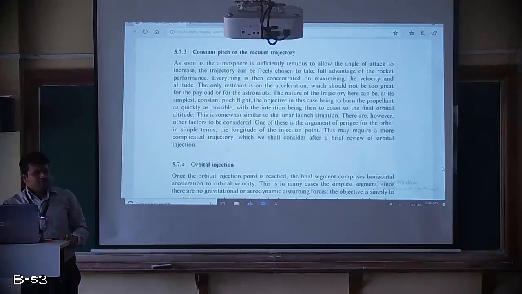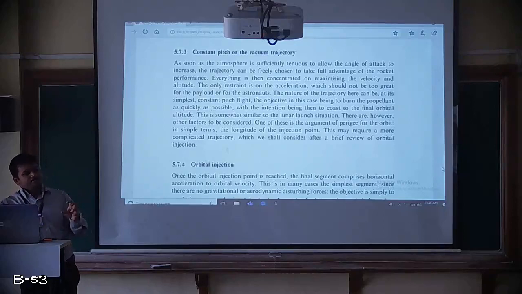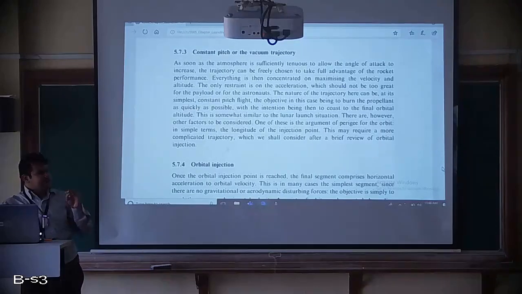To do that, we have to burn the propellant continuously, without any gap, and as quickly and early as possible. Keep maintaining the constant pitch and place your rocket at the higher orbital altitude where it is desired to go. That is called the constant pitch, or the vacuum trajectory.